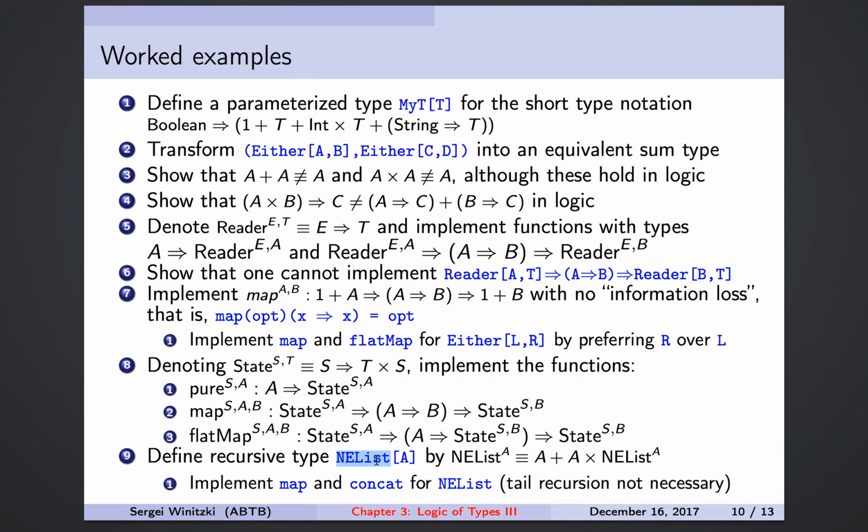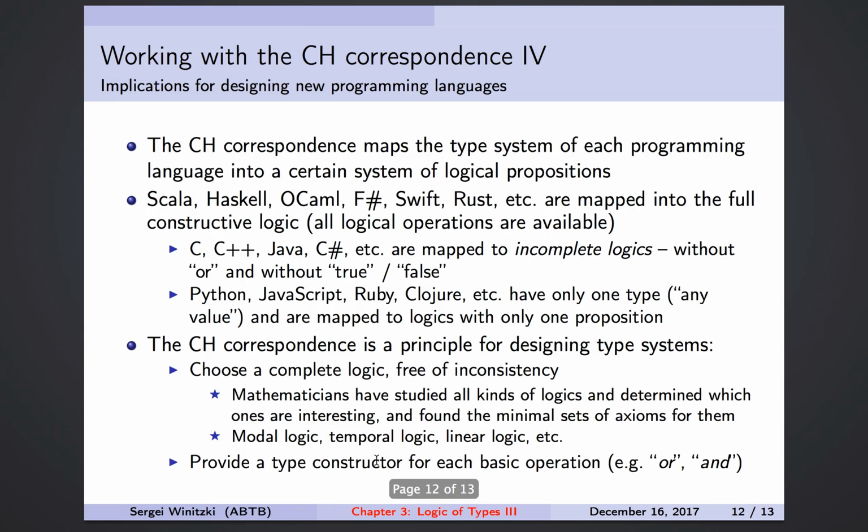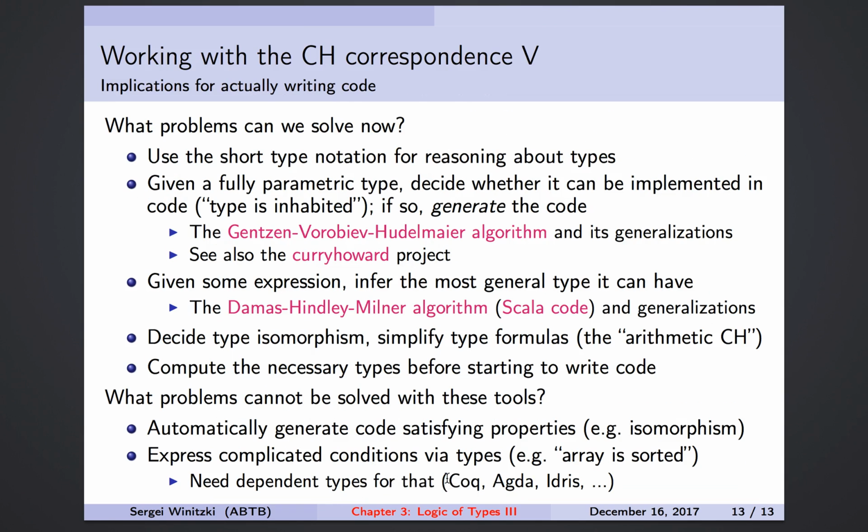So the type system of Scala and also Haskell and OCaml and F# and Swift and Rust and such languages is powerful enough to express that the list is not empty, but not powerful enough to express that it is sorted, let's say.